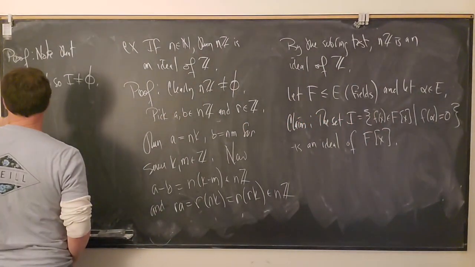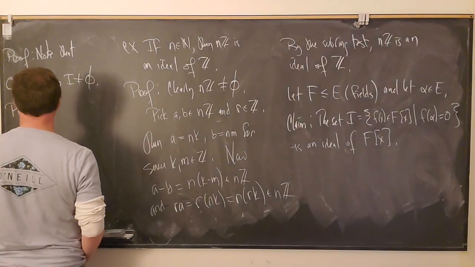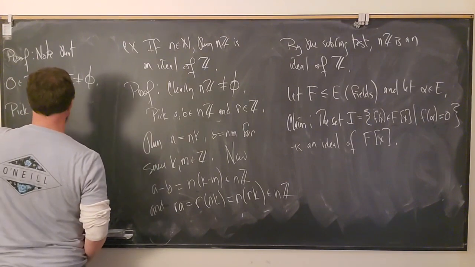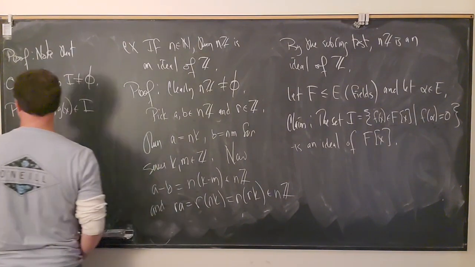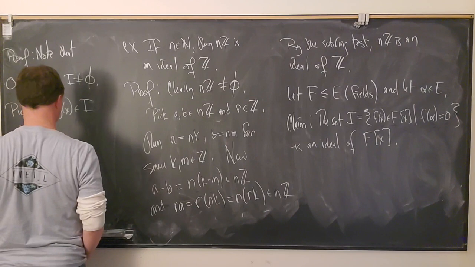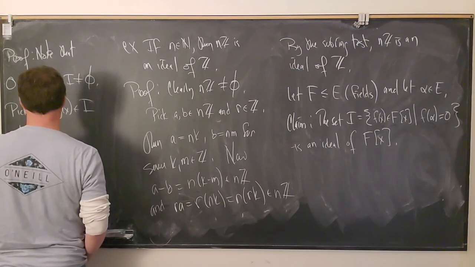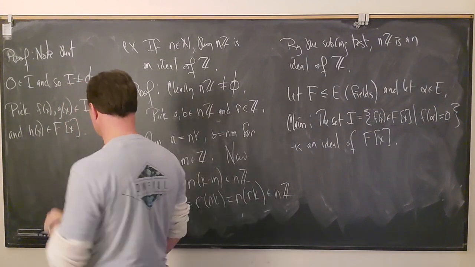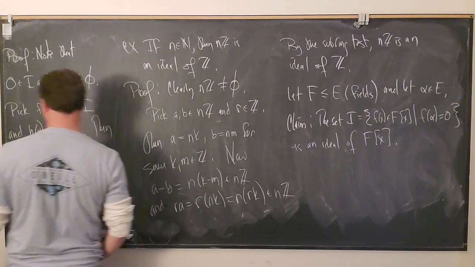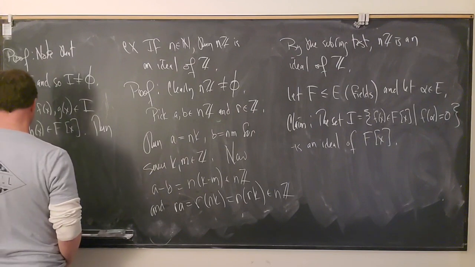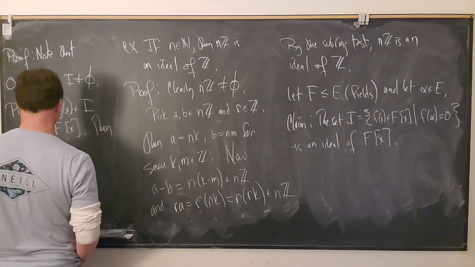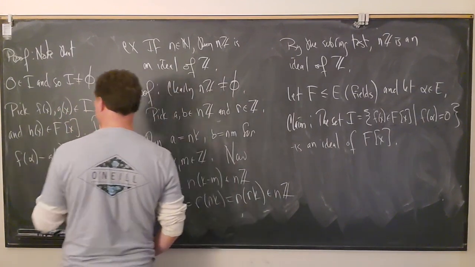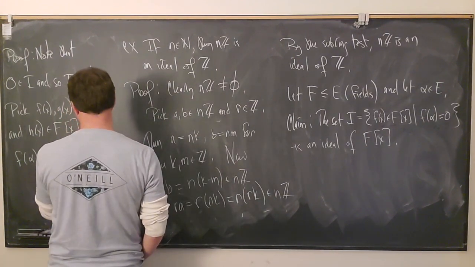So now, let's pick f(x) and g(x) in I, and say h(x) in F[x]. Then, if we look at f(alpha) minus g(alpha), that's equal to 0 minus 0.